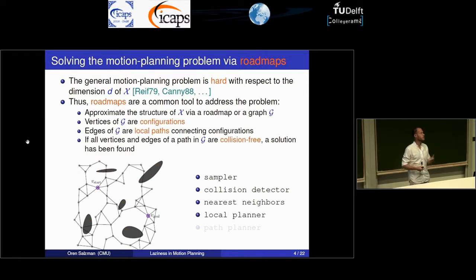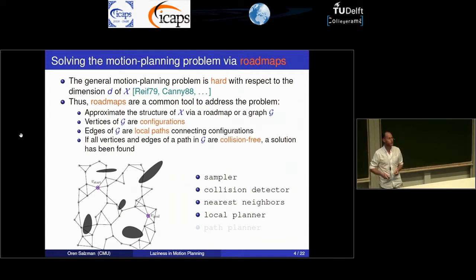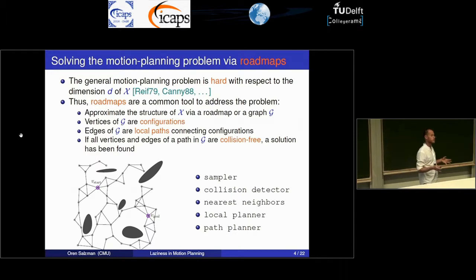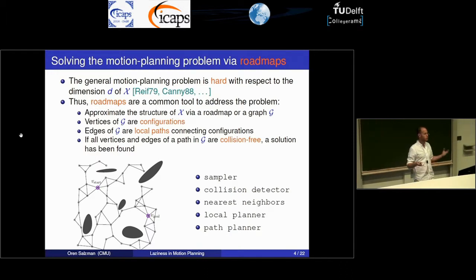Then we're going to connect every two close-by configurations using some local planner and some nearest neighbor data structure. Again, some of these edges intersect obstacles. This corresponds to motions of the robot where it intersects an obstacle or itself. Using the same collision detector, we're going to throw these away. And now we have a graph which is completely collision-free. And we can run our search algorithm.